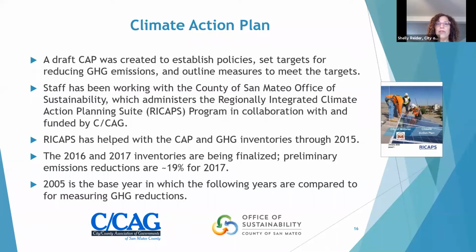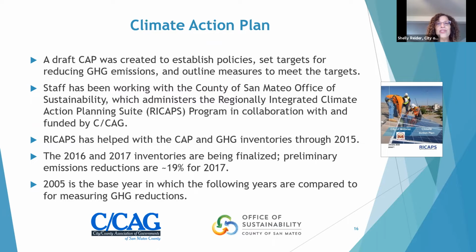Some of the results with the 2017 inventory show that electricity emissions were reduced by 62% between 2015 and 2017. While this is largely due to the implementation of Peninsula Clean Energy using renewable energy and carbon-free sources, it's also due to all the great energy conservation that you and our businesses are doing, and the results are showing.